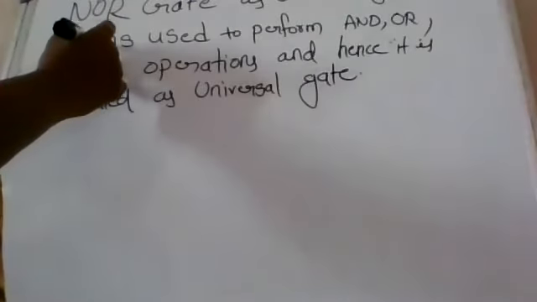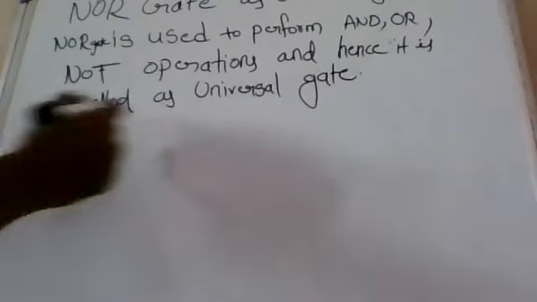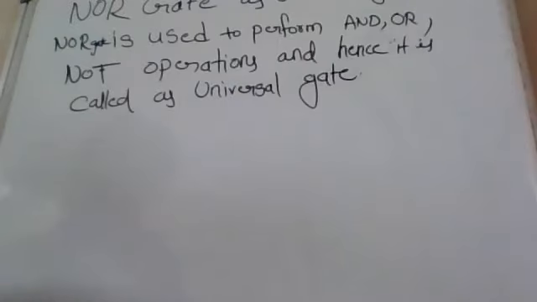NOR gate is used to perform AND, OR, NOT operations, and hence it is called a universal gate. So from NOR gate we get the output of AND gate, OR gate output, NOT gate output also.